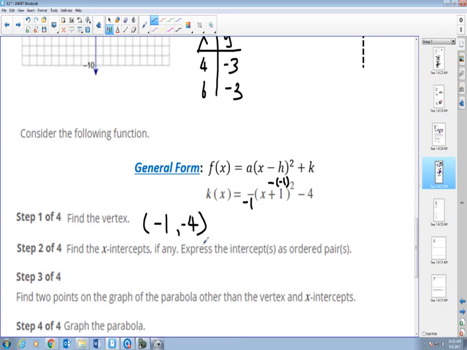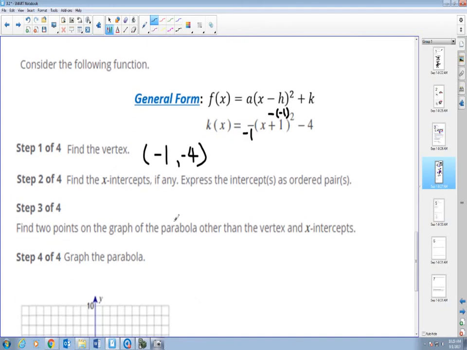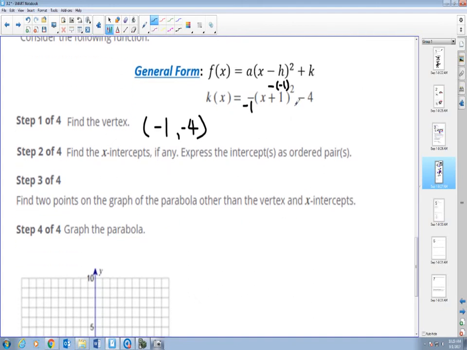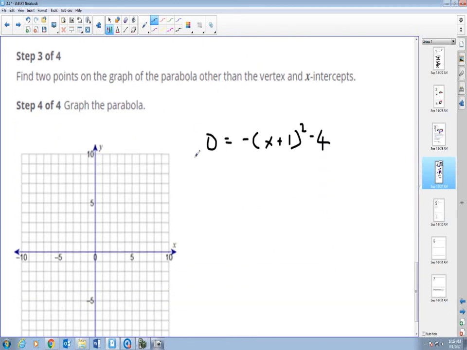Whatever you do here, do not multiply this thing out when you're finding the x-intercepts. It makes it too much work. So let's set my function equal to 0 and do the x-intercept. Use the square root property because technically you only have 2 terms. Same step as previously. -4 comes over, becomes +4.